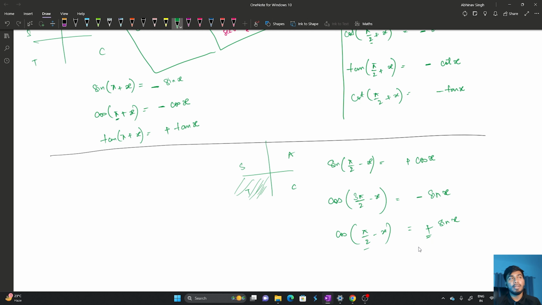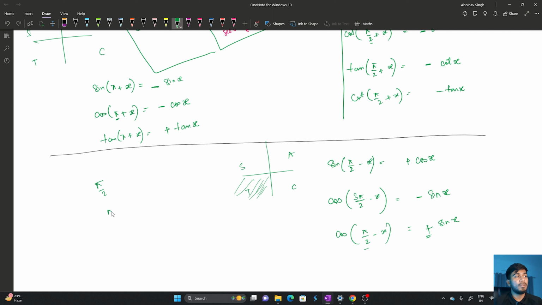So in this way you can find the value of any trigonometric function at any allied angle. The only thing that you need to remember is, if it is a multiple of pi by 2, you need to change the trigonometric function: sine to cos and cos to sine, tan to cot, cot to tan.